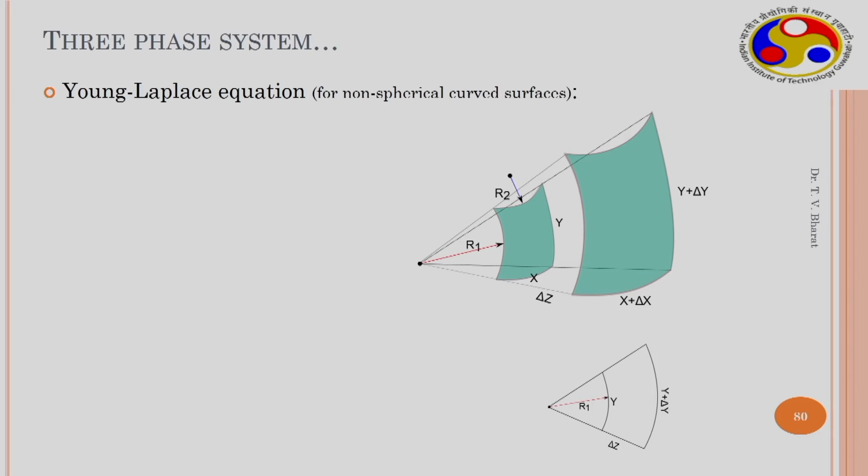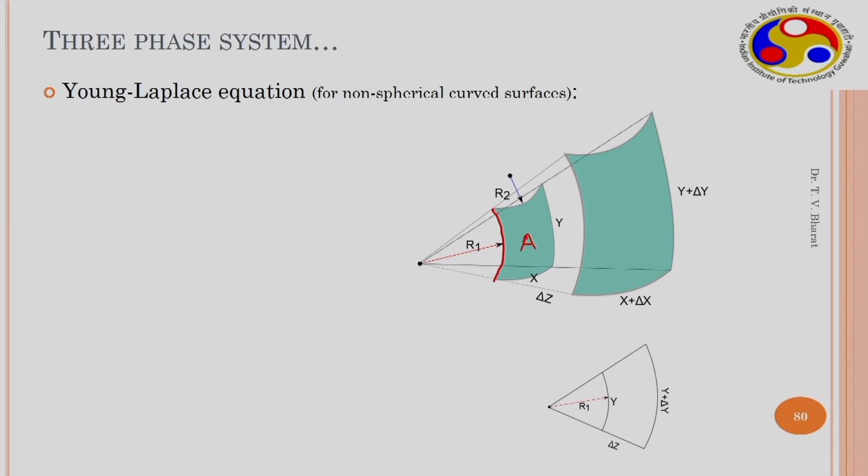in the case of non-spherical curved surfaces. This is one particular case where the diagram shows a curved surface, a small area delta A, a small surface with area A, a curved surface which has two different curvatures. One is R1, another one is R2.